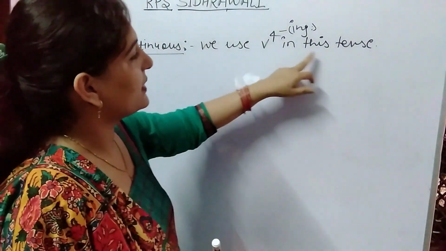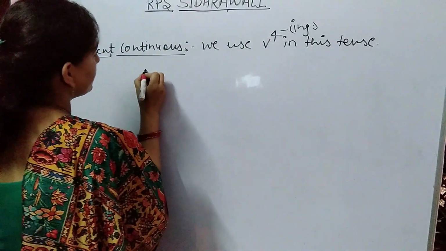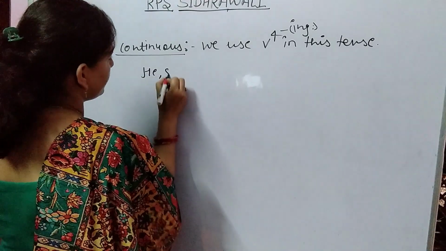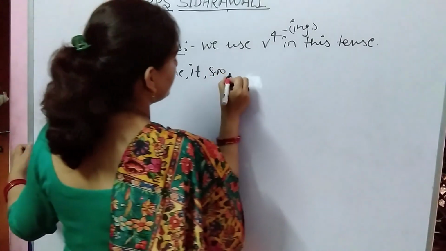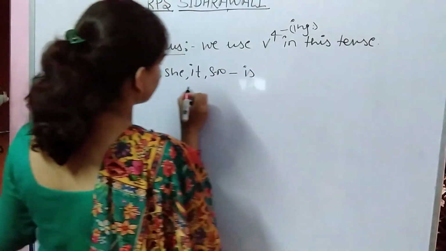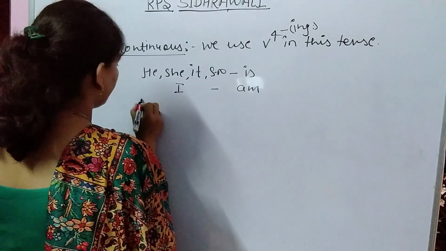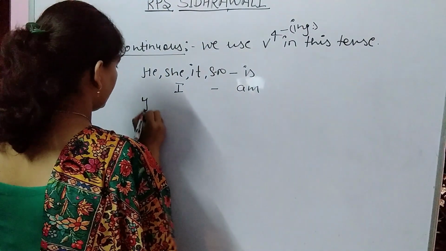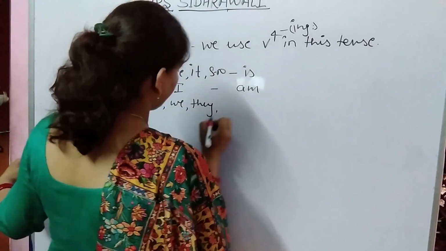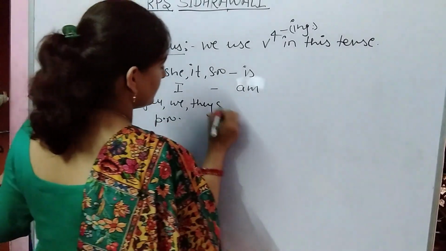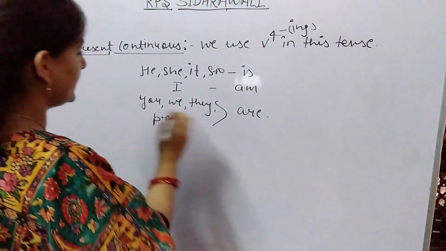With he, she, it and singular noun we use is, with I we use am, and with you, we, they we use are. Let's see the structure.